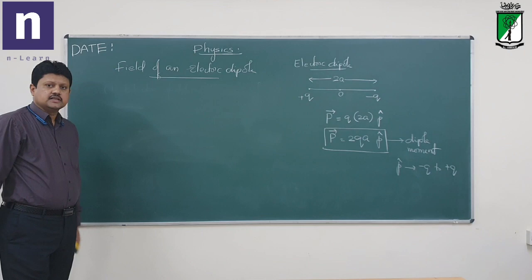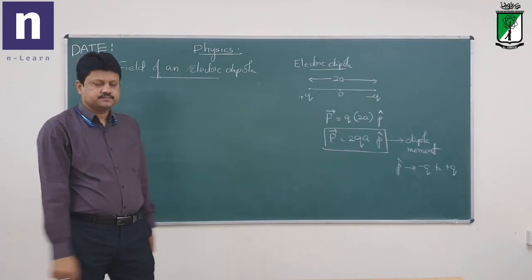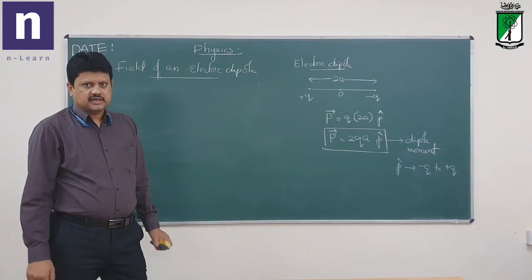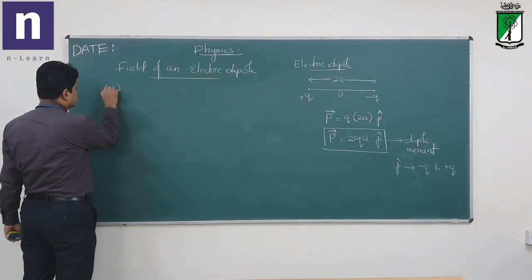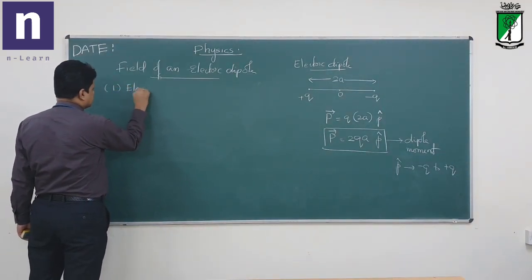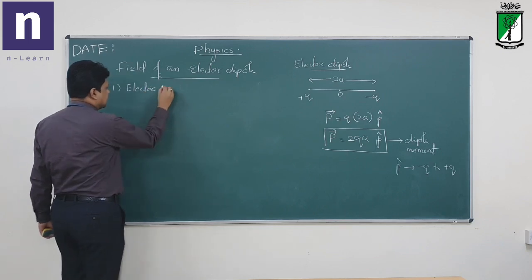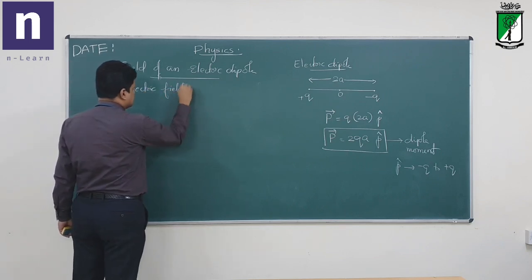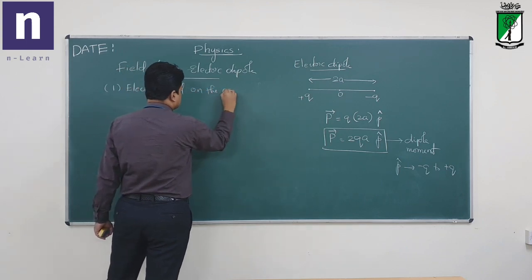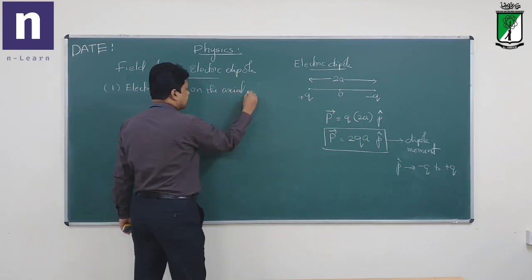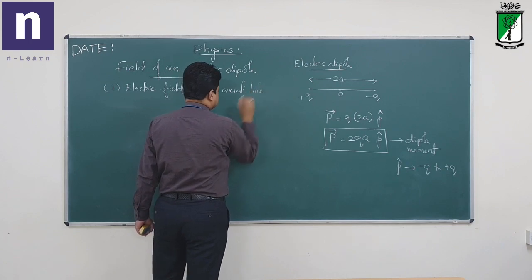So to start with, let us find the electric field due to an electric dipole on its axial line. So the first topic, electric field on the axial line.